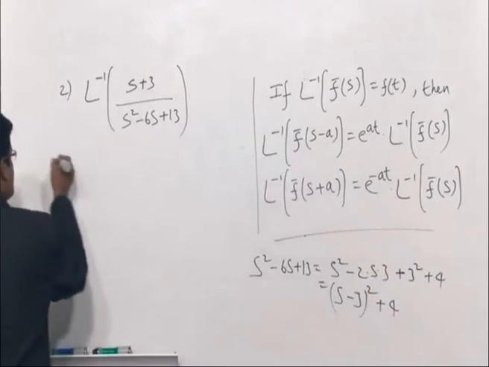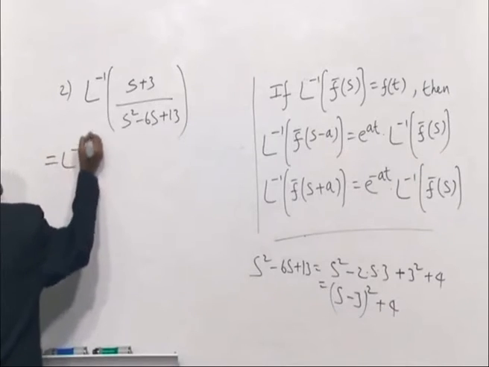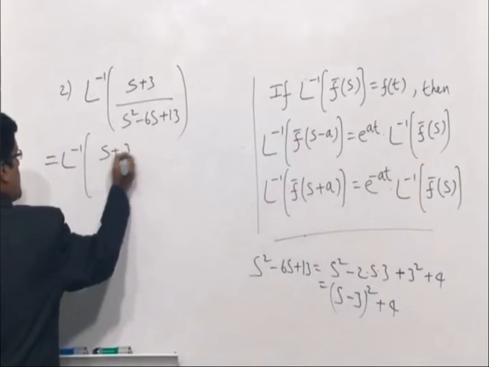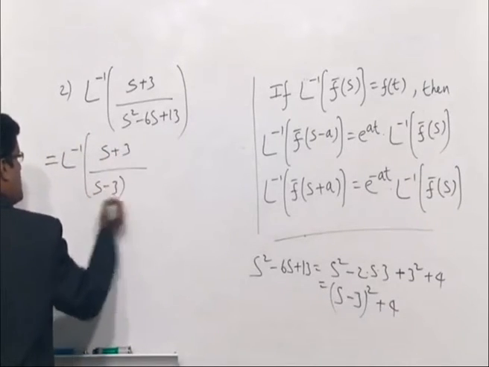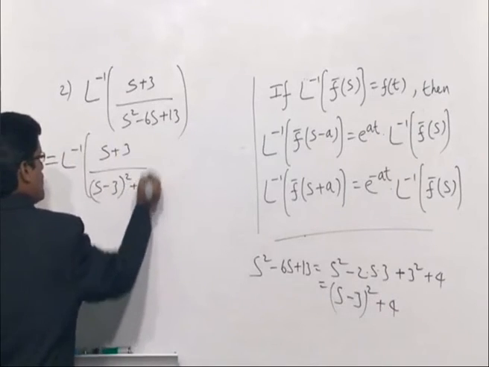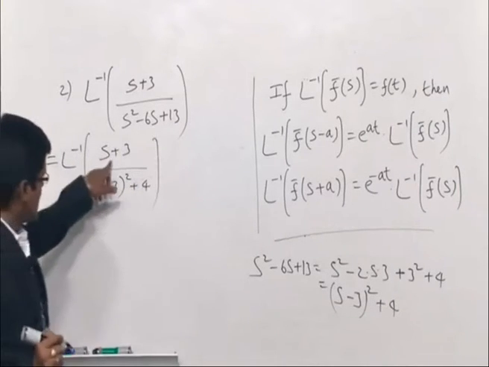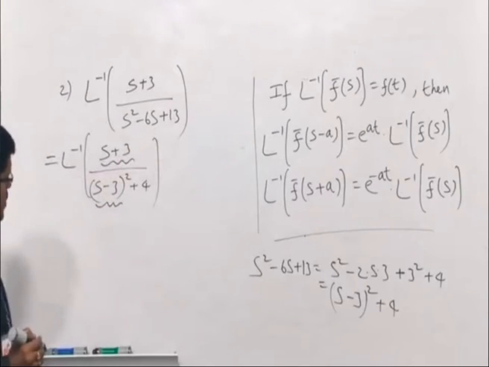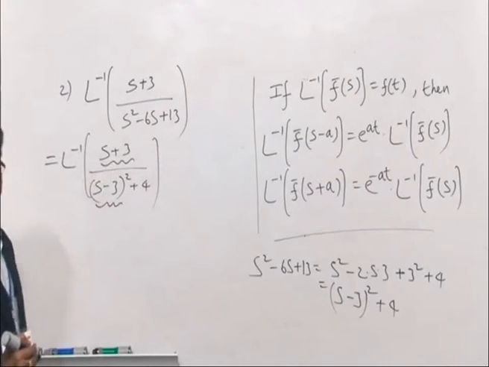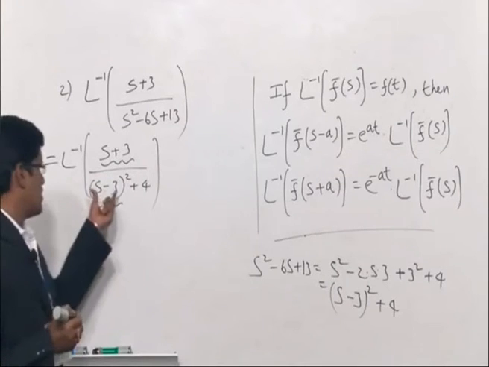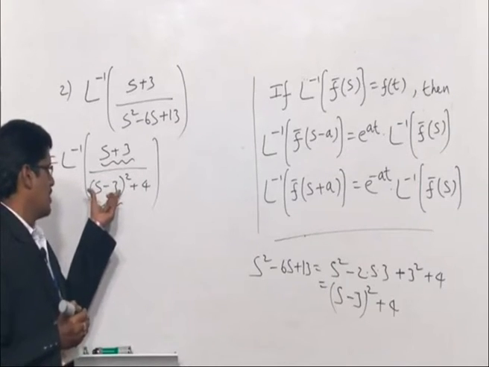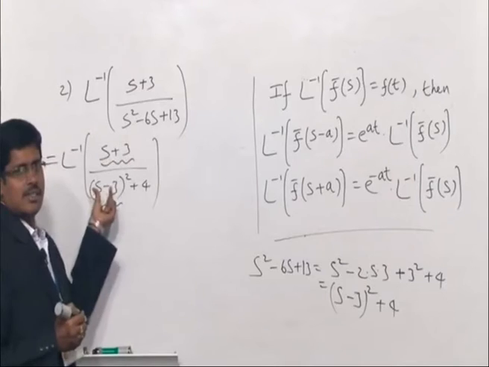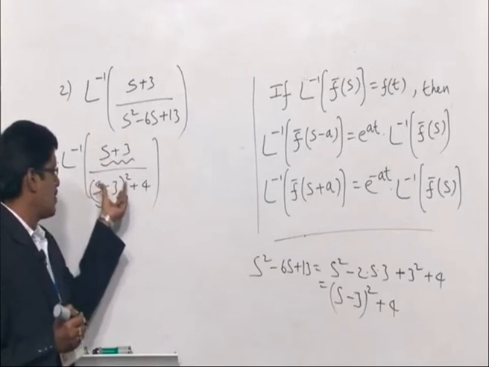Substituting here, this is equal to L inverse of s plus 3 divided by s minus 3 whole square plus 4. Here it is a mixed case: the numerator has s plus a and the denominator has s minus 3. So bring everything into one form, either all s plus a or all s minus a. Making the denominator into s plus a is difficult, since it is already a whole square term.